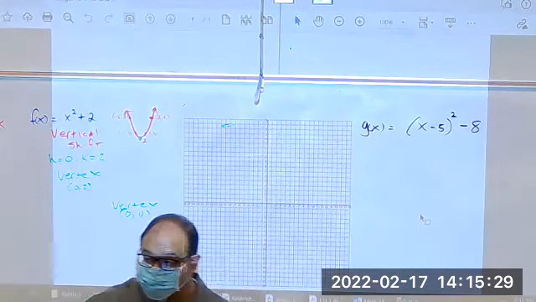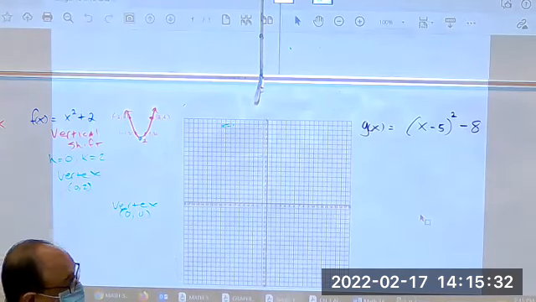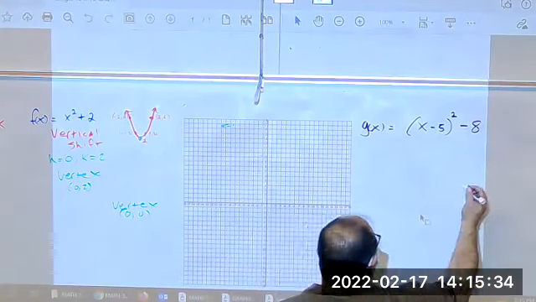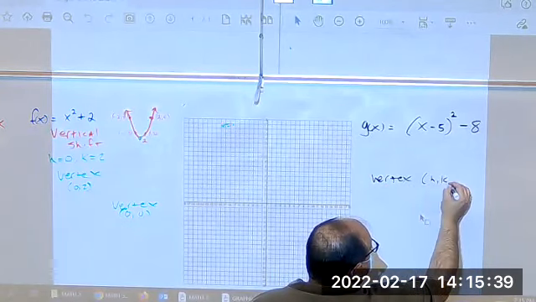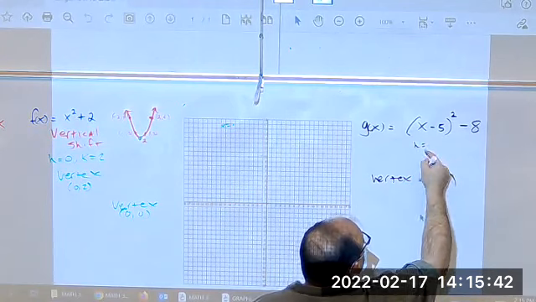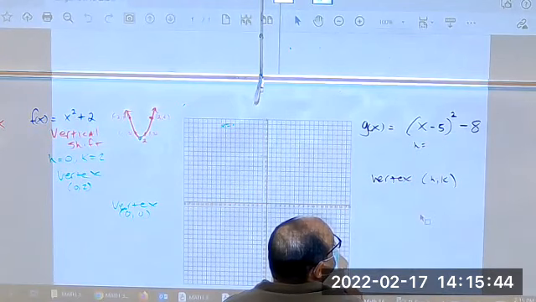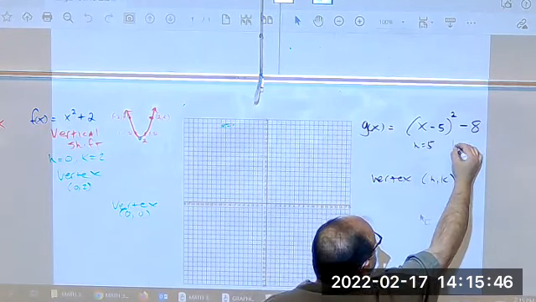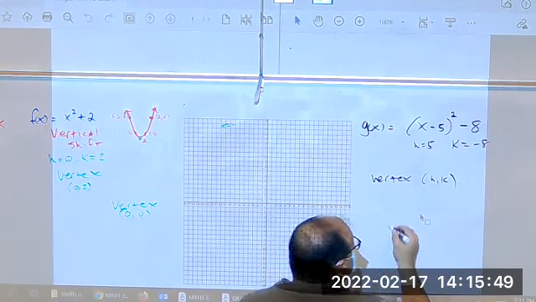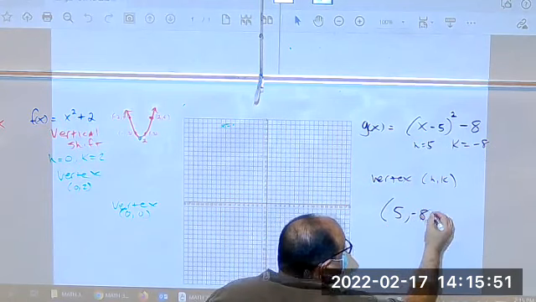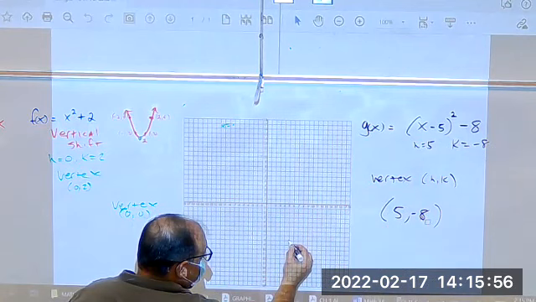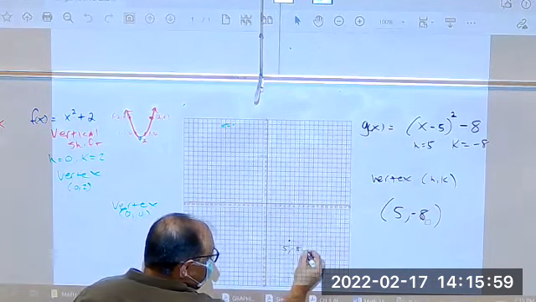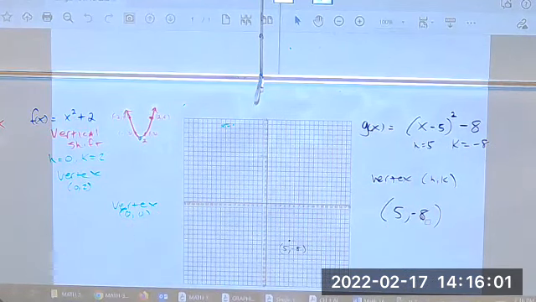Well, I know it's a parabola because it's a power of 2. So I'm going to want to find the vertex. So I need h and k. What's the h in this function? Positive 5, and what's the k? Negative 8. So my vertex is at 5, negative 8. That's the first point I want to find. 5 and then down 8, right here. And then it's going to be a parabola, opens up right there.